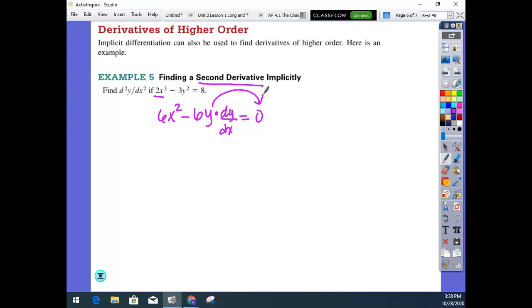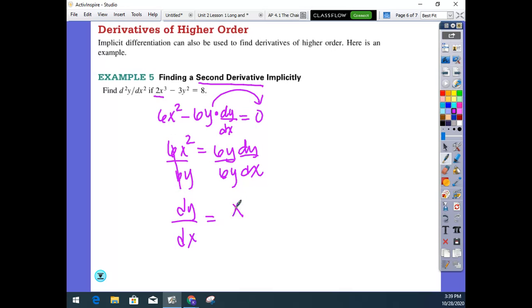I'm going to move this to the other side to make it positive. Divide by 6y. So my dy/dx, the 6's cancel. I get x squared over y.